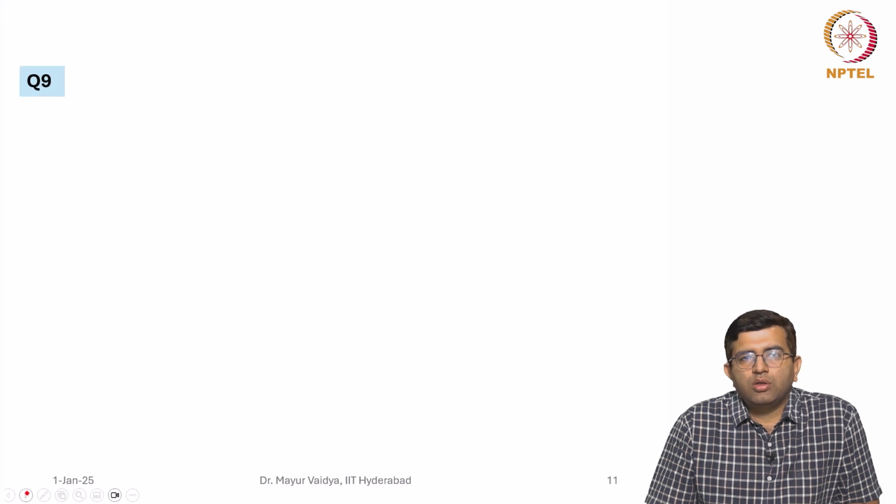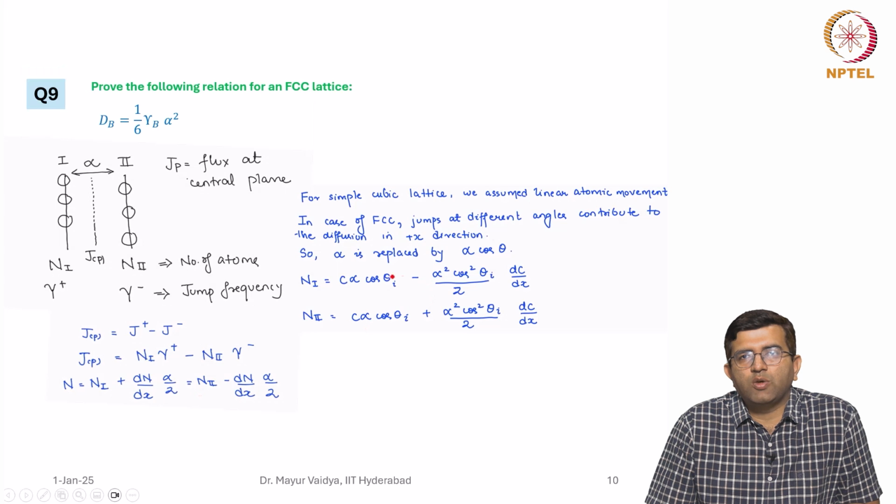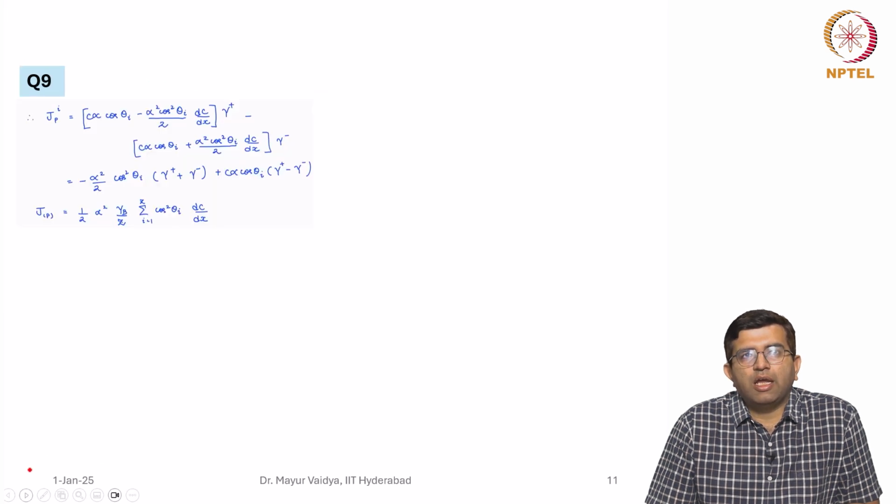Now, therefore, the flux can be written as we substitute these values of N1 and N2 here, and we can write the flux as C alpha cos theta_i minus alpha square cos square theta_i by 2 dC by dx into gamma plus, minus this term into gamma minus.